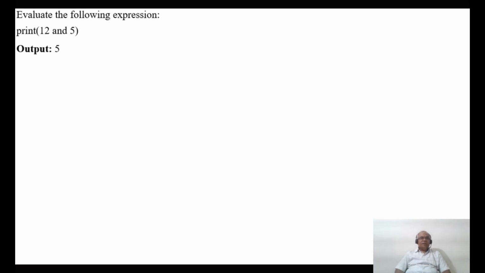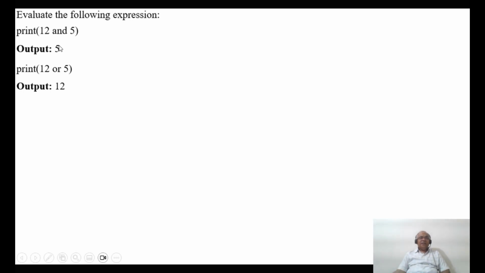In the next case, we will take up one more: evaluate the following expression, print 12 and 5. The output is 5. Print 12 or 5, the output is 12. How does this work? Here we have two values, 12 and 5, and the AND operator will always take the second value when both are truthy.